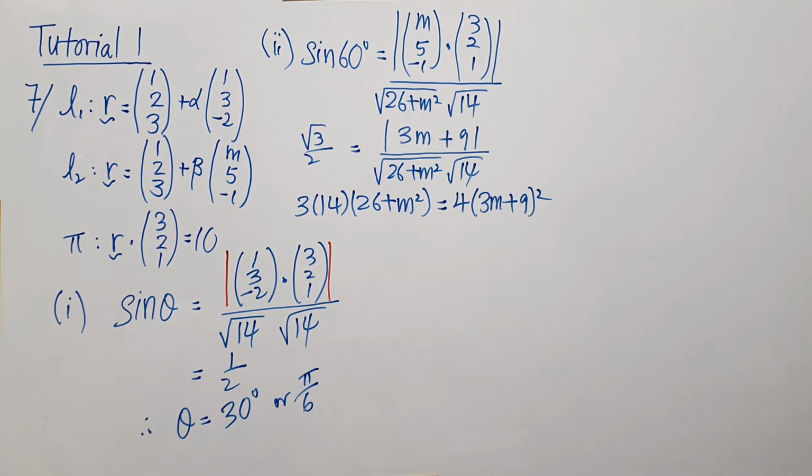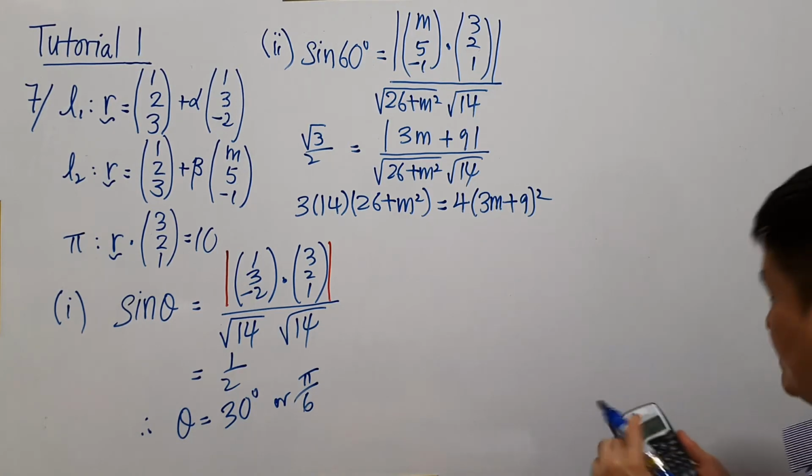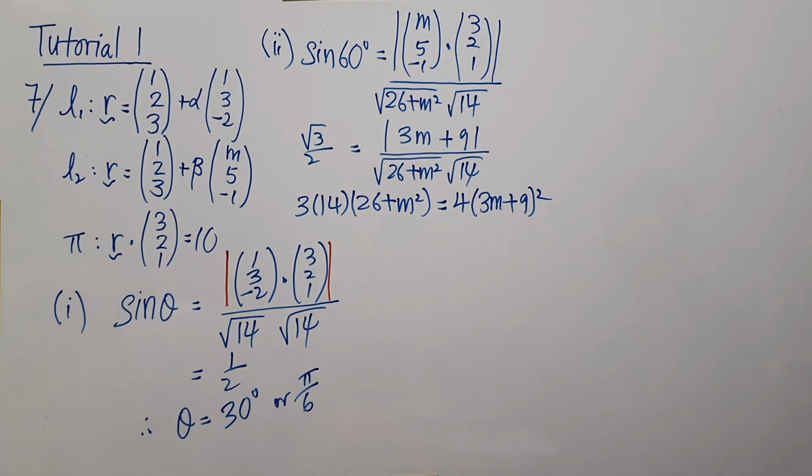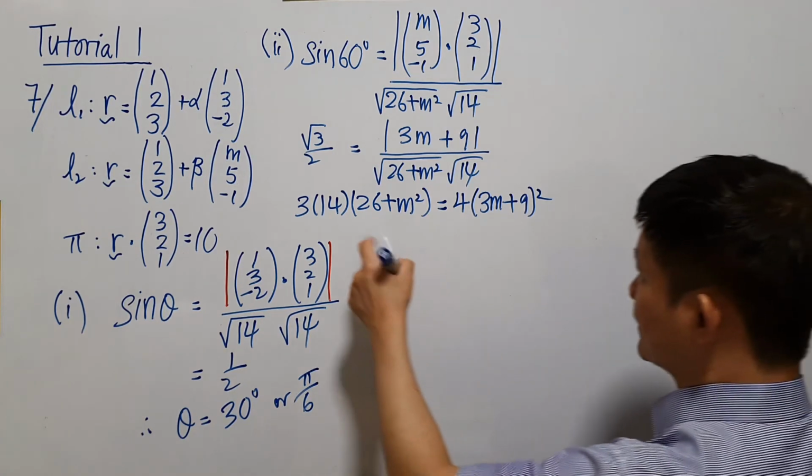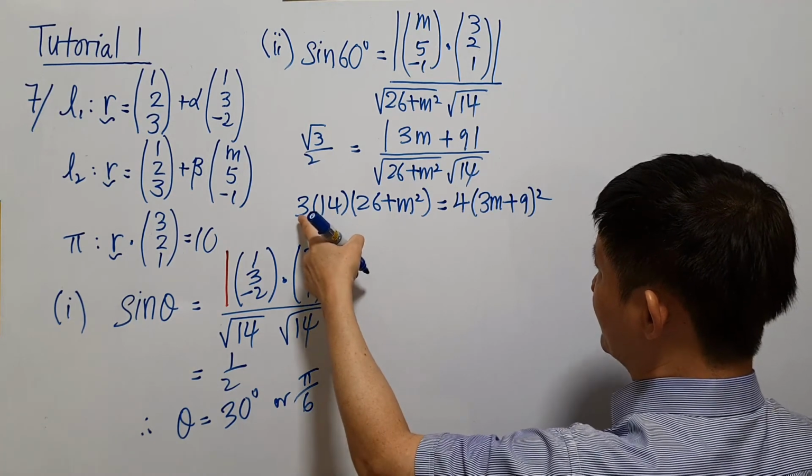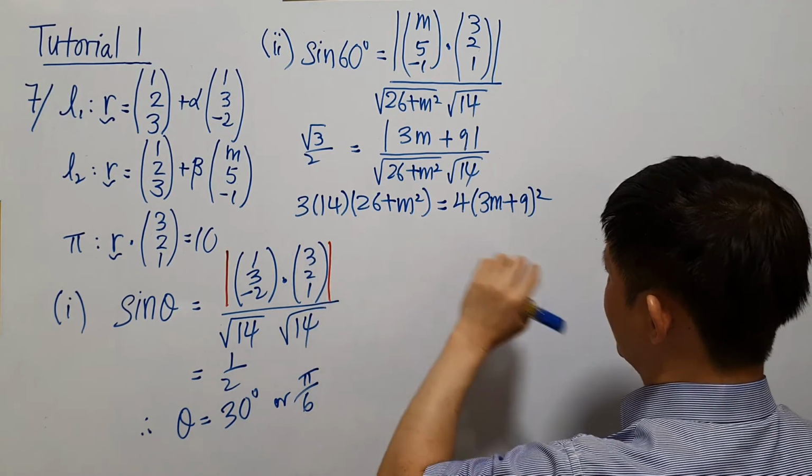I'm going to expand 3 times 14 times 26, but maybe we do our arithmetic a bit cleaner. I'm going to divide both sides by 6.